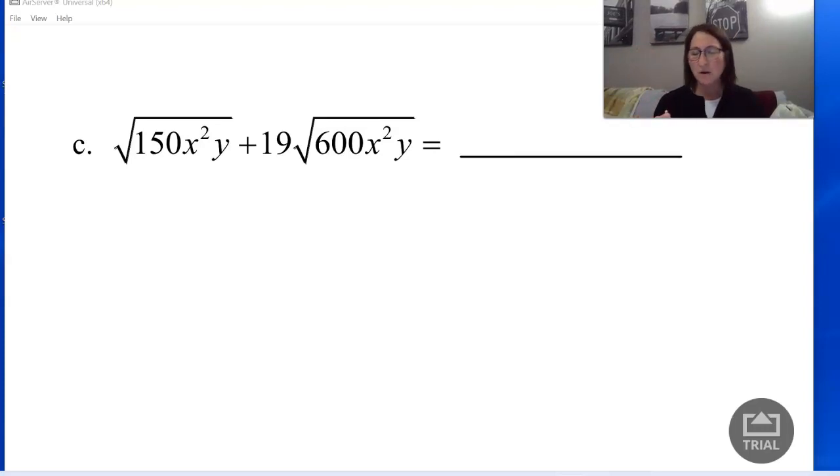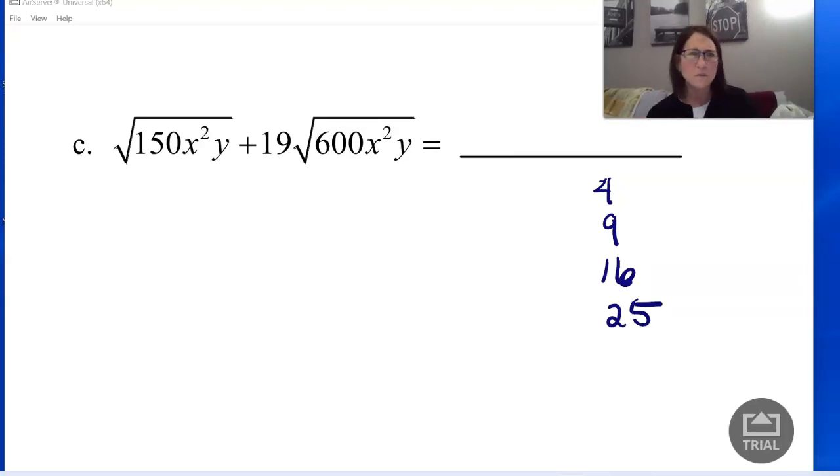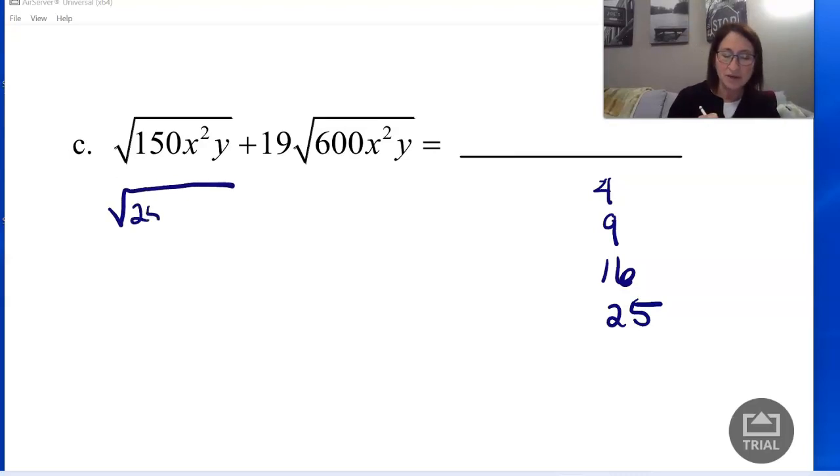So 4 is a perfect square, then 3 times 3 is 9, 16, 25. Oh, 25. Does 25 go into 150? It does. Okay, so if I think of this as 25 times 6, just think quarters. You need 6 quarters to get to $1.50.